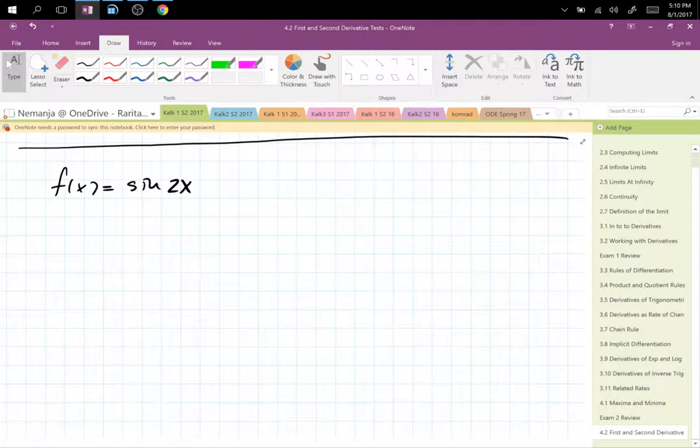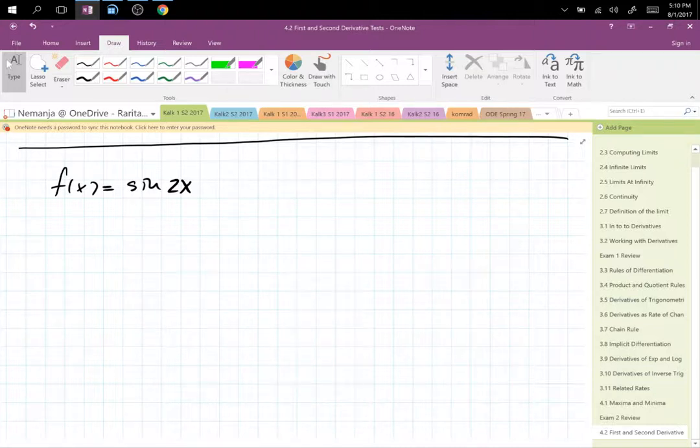Good answer. So cosine 2x times the derivative of 2x, which is 1, so that is enough. So just cosine 2x. F prime is g times g prime.